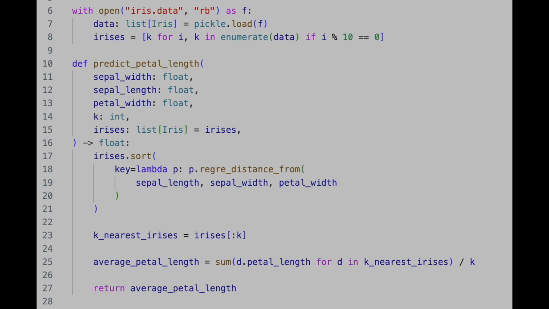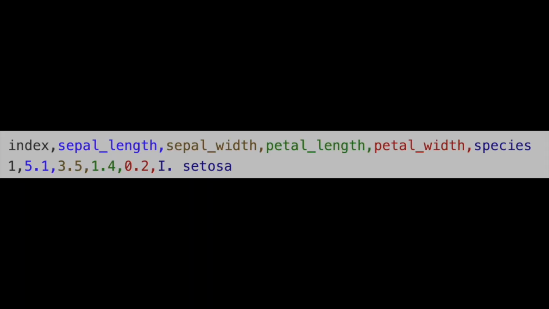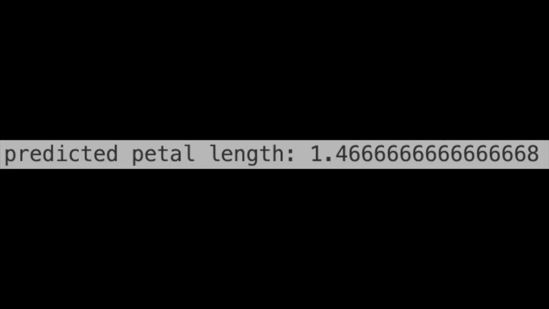Instead of counting rows, here we combine the information by taking an average, which gives us an estimated value for petal length. When given the data of the first iris in the database, the algorithm predicts its petal length to be 1.46, which is close to the actual petal length of 1.4.